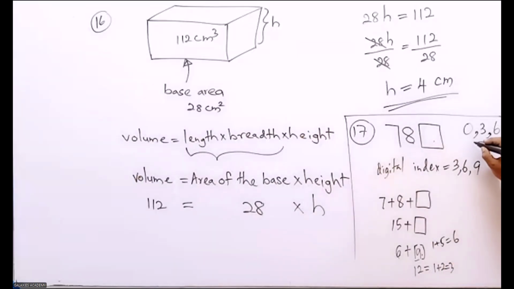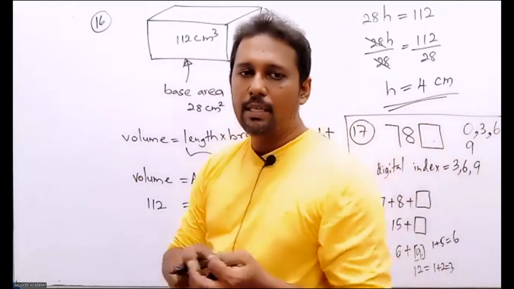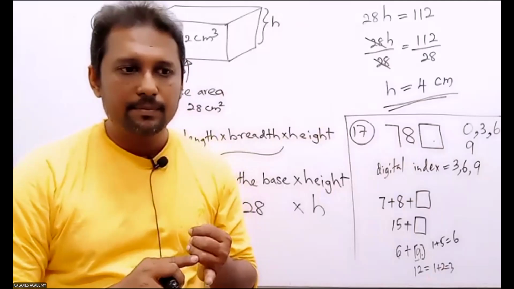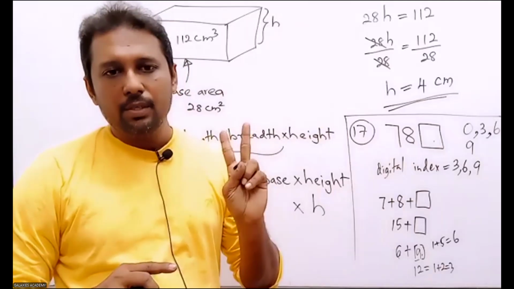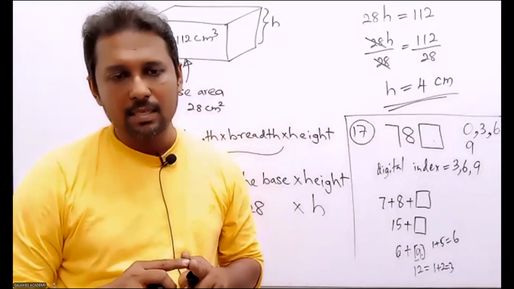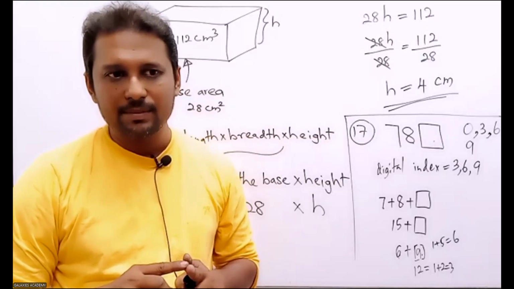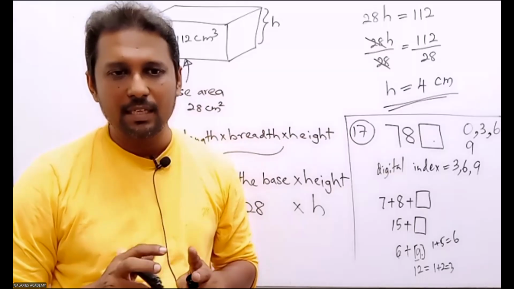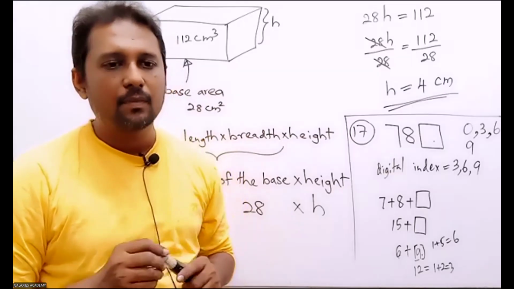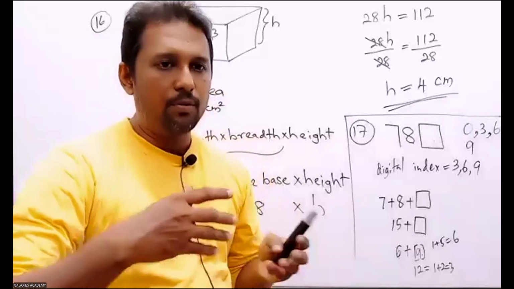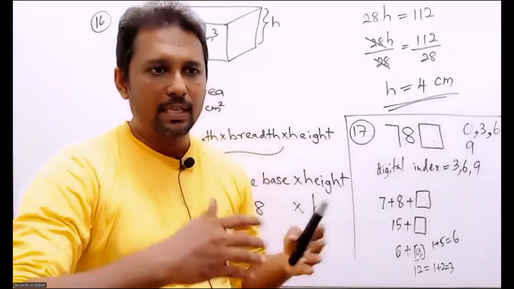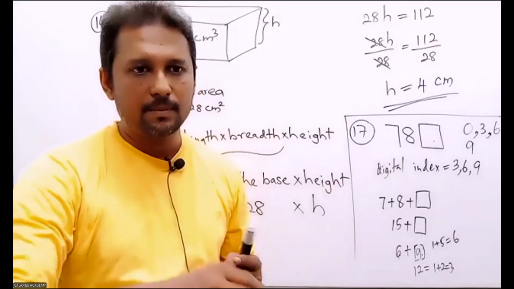Okay. 9 is also suitable, no? So what are the suitable digits? 0, 3, 6, 9. You have to write only 2 values as the answer. Are you correct? Is it clear? Yes. You have to apply your knowledge correctly for these questions.